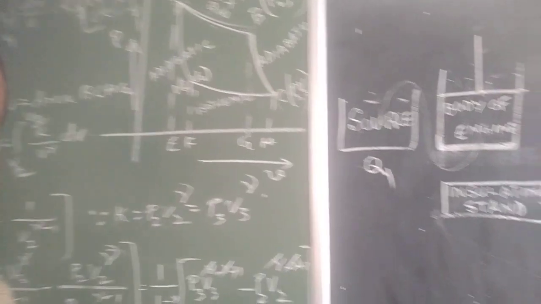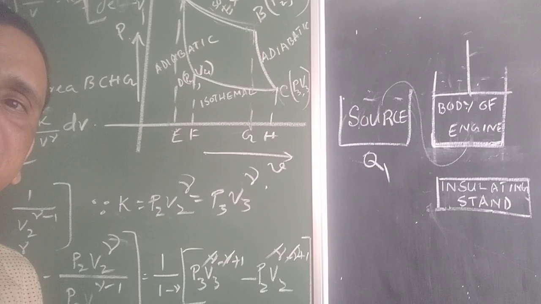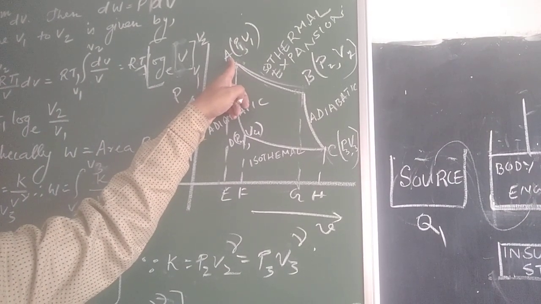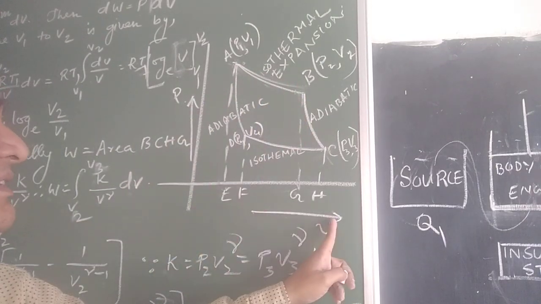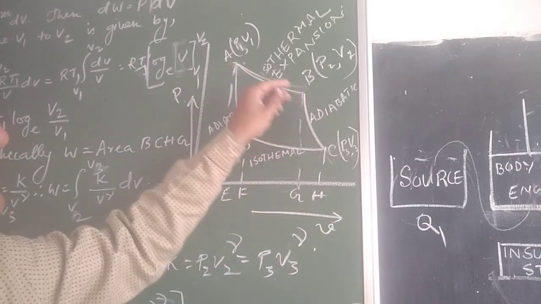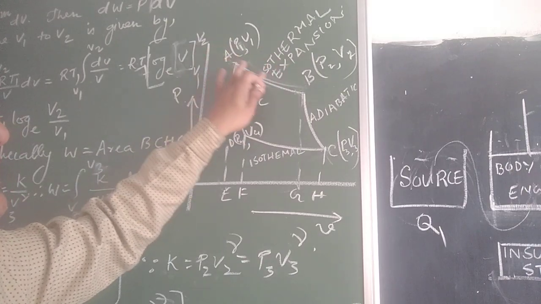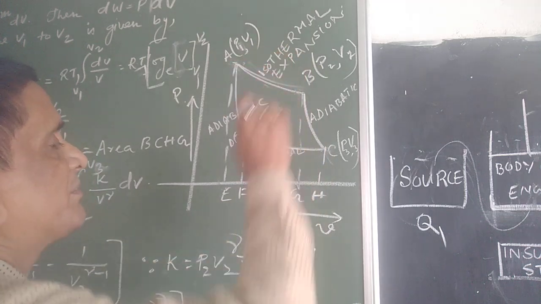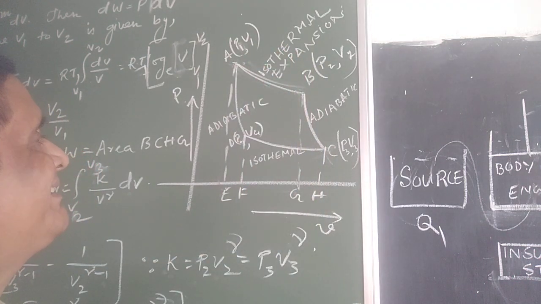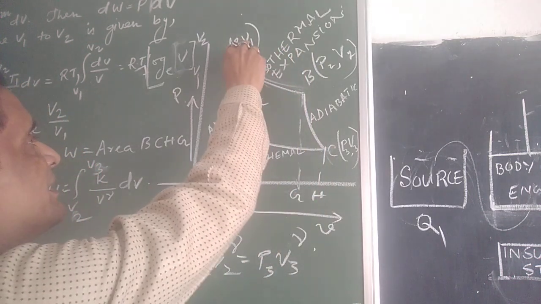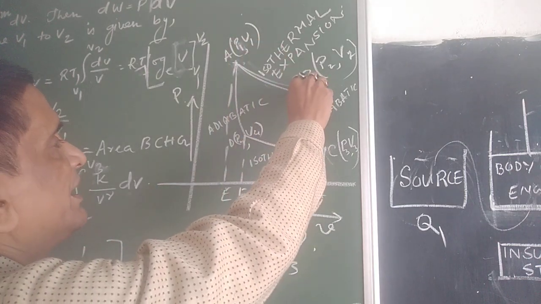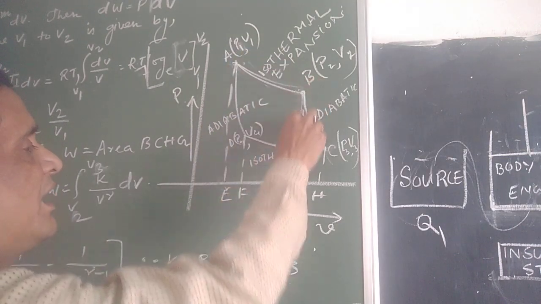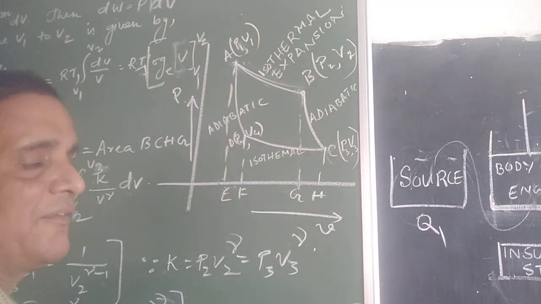Graphically, it starts from A and goes to B; the volume increases but the pressure decreases, and the temperature remains constant. So it is an isothermal expansion of the system, and this work done is given by the area under the graph from A to B.